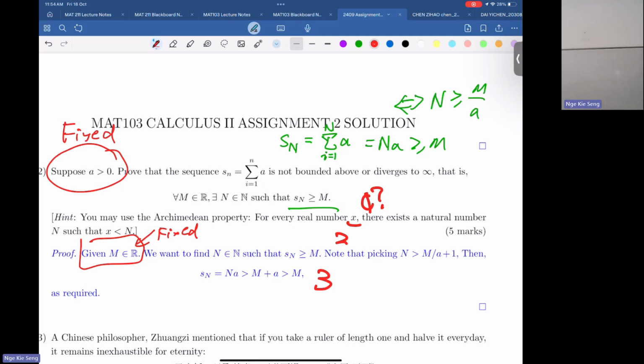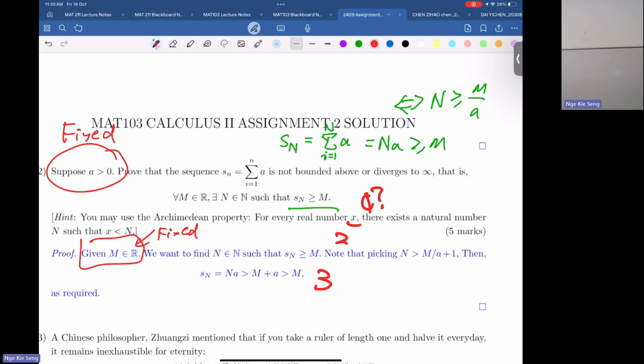But what is this N? Actually, this N can vary in this Archimedean property. How does it vary? Think about this statement. What does it mean by there is a natural number such that x is less than N? For example, take a real number that you know. Pi, for example. So what is the N that is greater than pi? 4, but must it be 4?